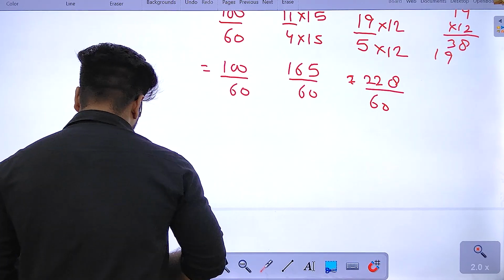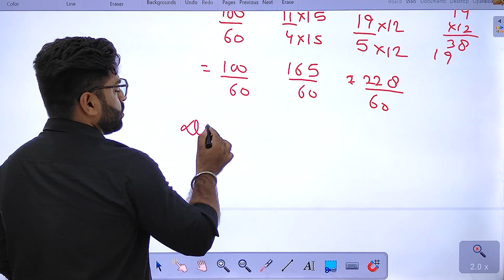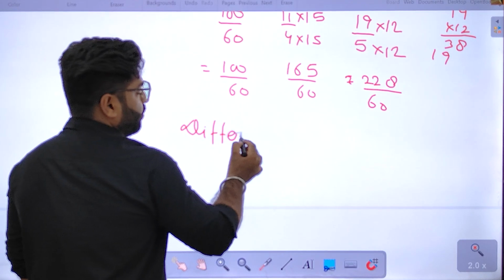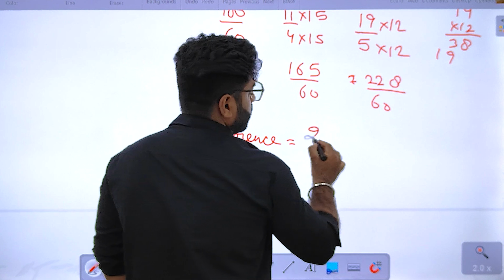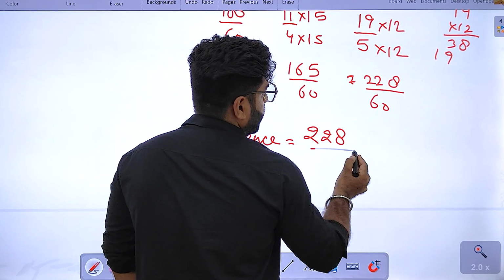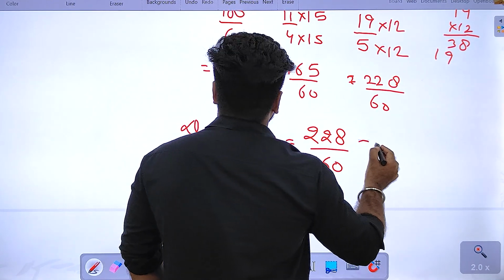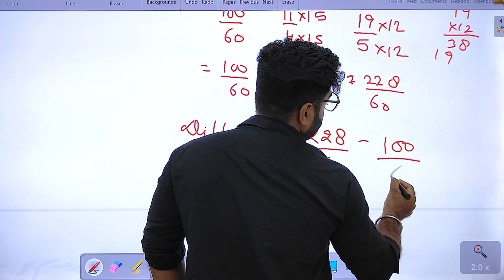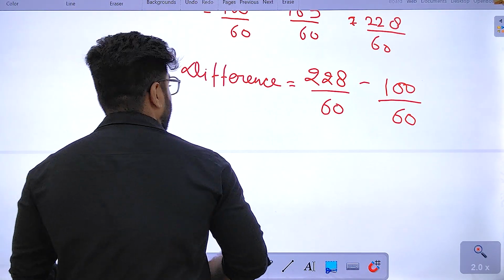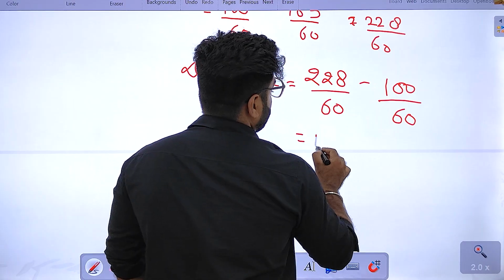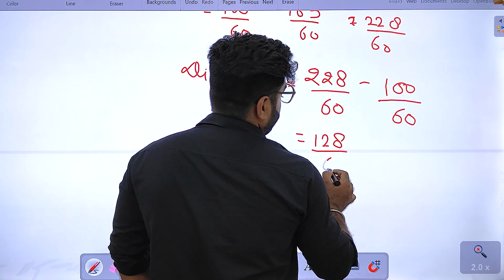And we have to find out the difference. So now we are going to find out the difference. The difference is 228 by 60 minus 100 by 60. After that, when we subtract, this is 128 by 60.